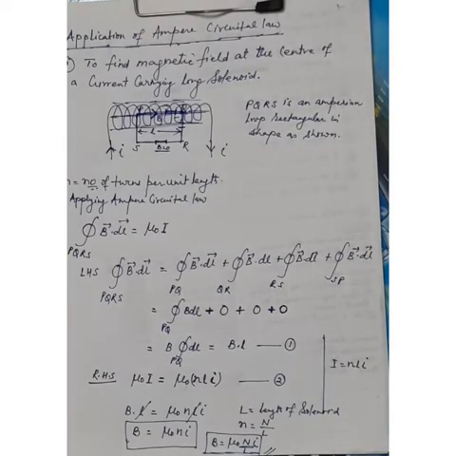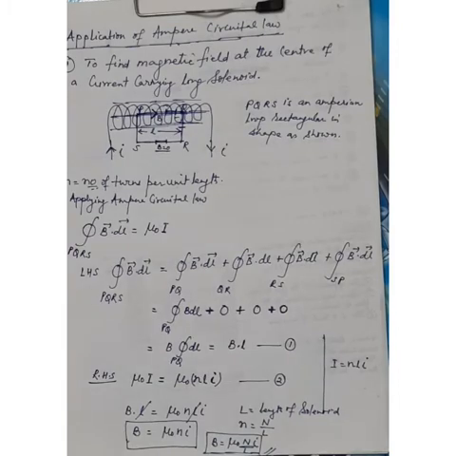The expression we should always remember: B is equal to mu naught small n i, or mu naught capital N I upon capital L.